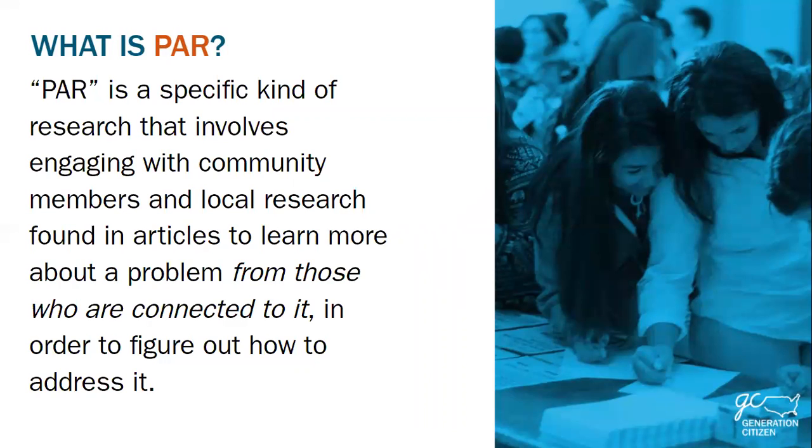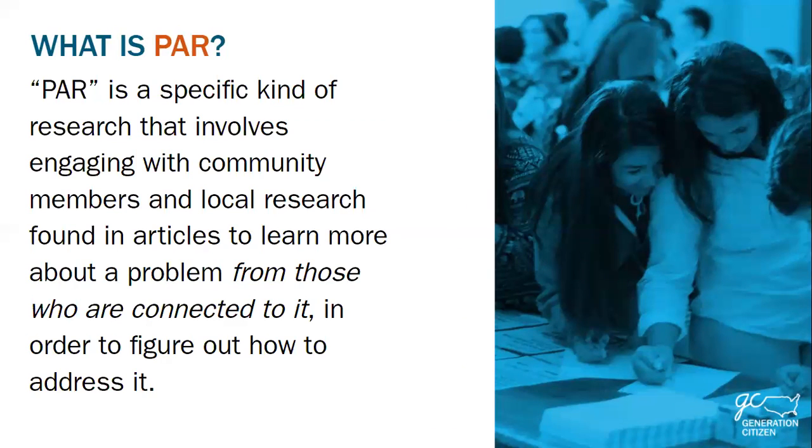So if you're focusing on the issue of equity within the school, the students are going to engage with community members, with their peers, with teachers, and see where they're noticing this gap of equity within their school, and see if there's any local research in articles about other districts and other schools that are trying to face this issue of equity.